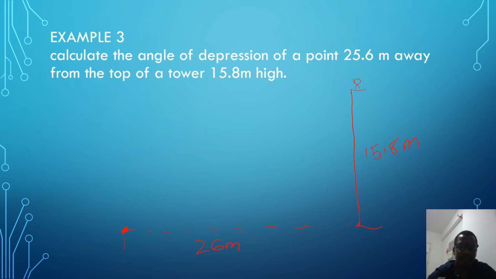Now, if you look at it, you can create a triangle. Okay, but the line of sight, from the definition, angle of depression, that one.